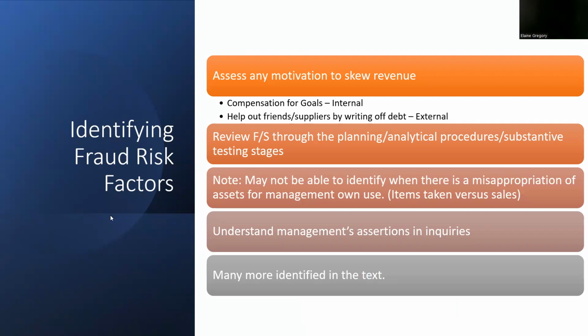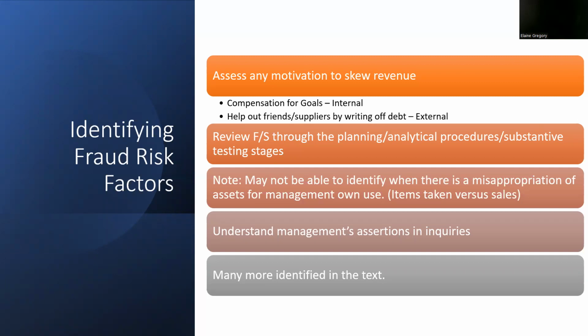Now, let's take a look at some of these fraud risk factors. What risks are out there that may indicate that there could be an instance of fraud? Well, any motivation out there to skew revenue. Remember, take a look at the fraud triangle.